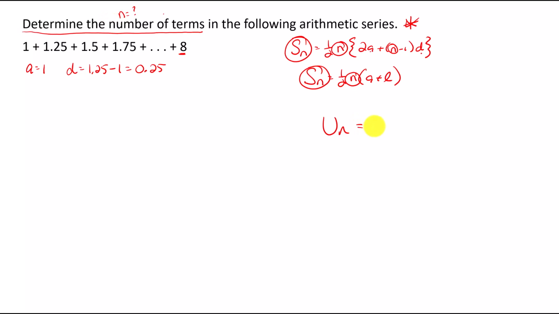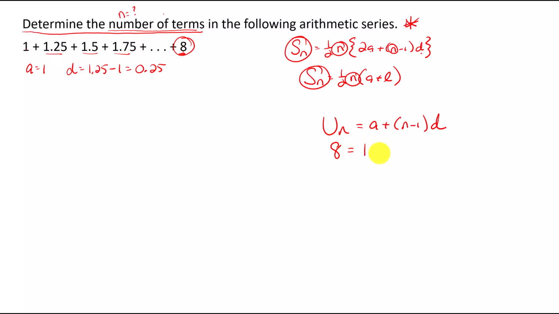So we're going to go back to this formula that we've been using in our previous lesson, okay? This one that has nothing to do with a sum. And in this case, we want to find the number of terms that it takes to get to 8. So this is the first term, this is the second, third, fourth. How many terms did we need to get to 8? And so 8 goes where u sub n is.